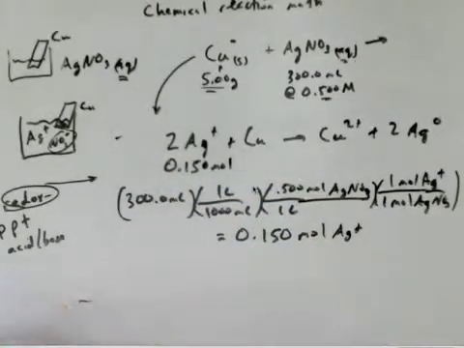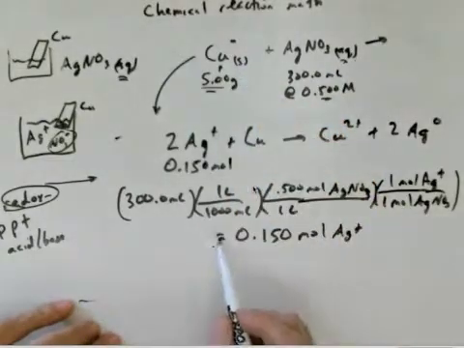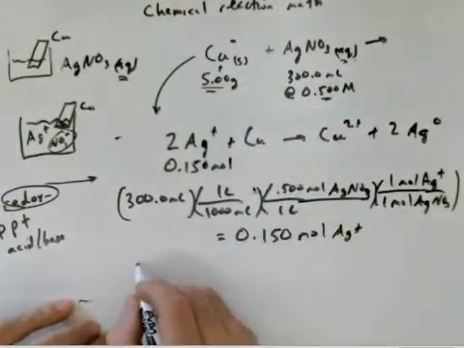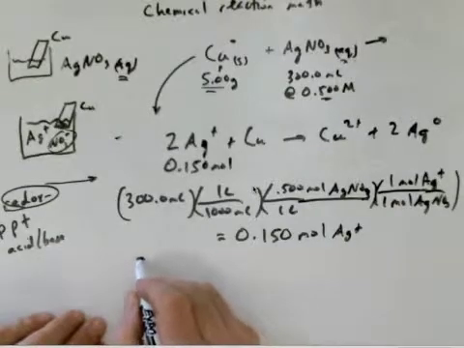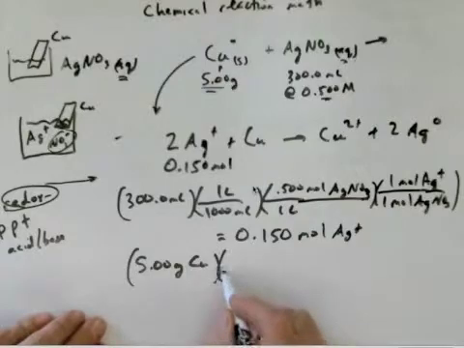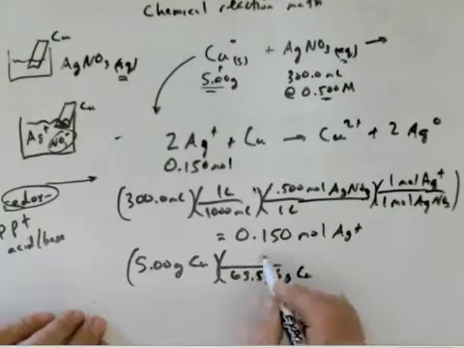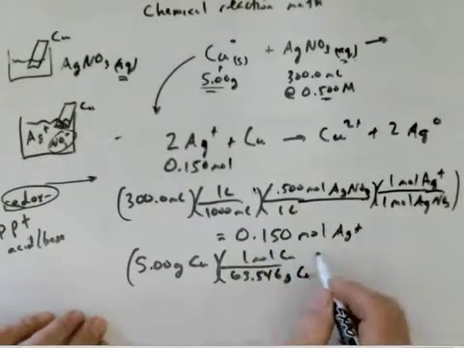Now let's find the starting amount of copper. Well, that's a solid. Okay, it's not aqueous. So I'll use the atomic mass and say 5 grams of copper. Let's see, from the periodic table, there are 63.546 grams of copper per mole of copper.